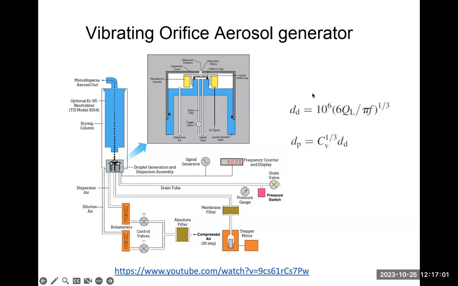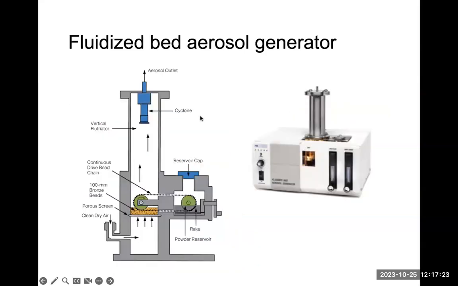Further, once these droplets dry up, they expose the dried materials, let's say the salt or any other type of materials. The final particle diameter is related to the concentration of these components in the liquid. So basically, this is how the vibrating orifice aerosol generator works.